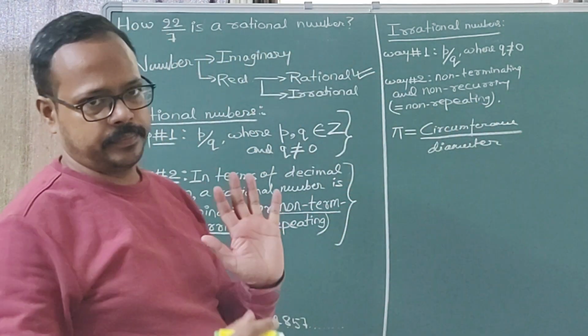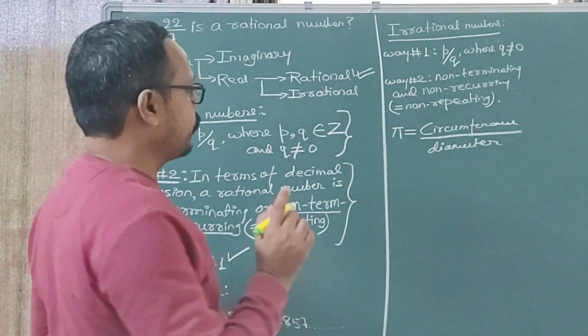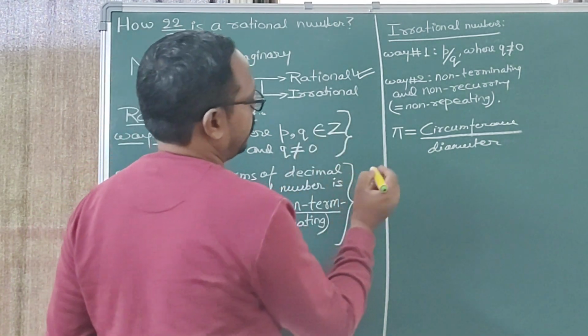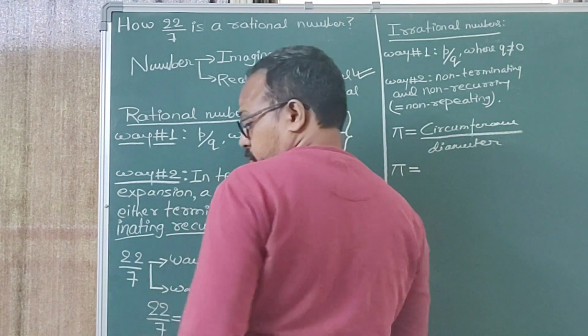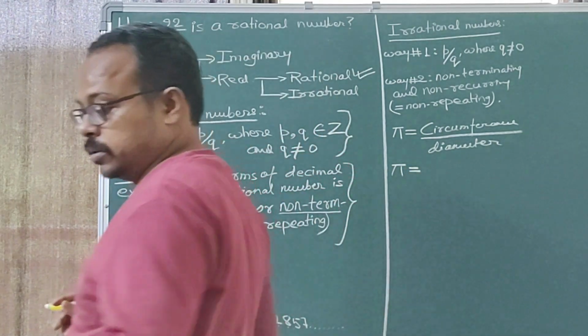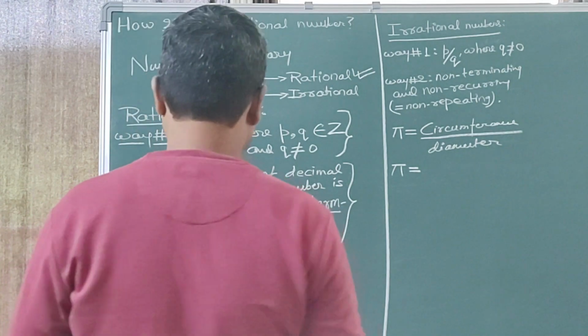That is called pi. When you go and find out the value of pi, which you can get on Google also, you will see that no pattern is getting repeated.